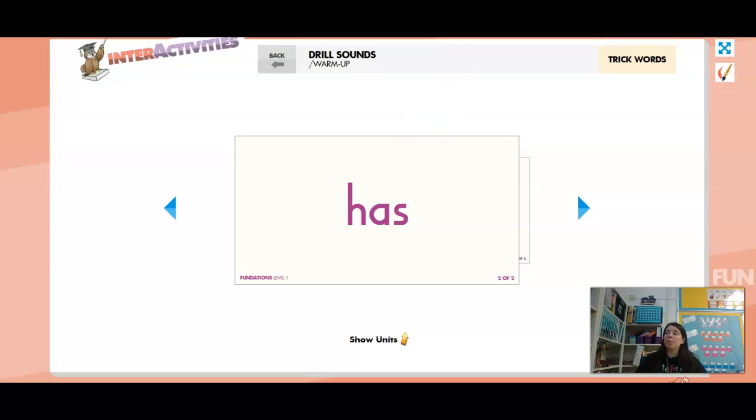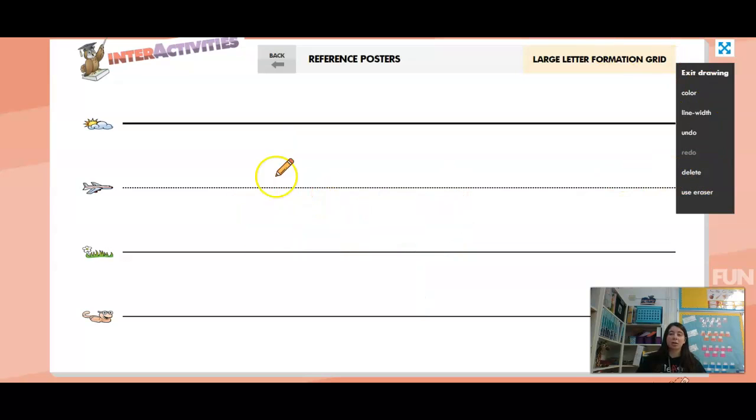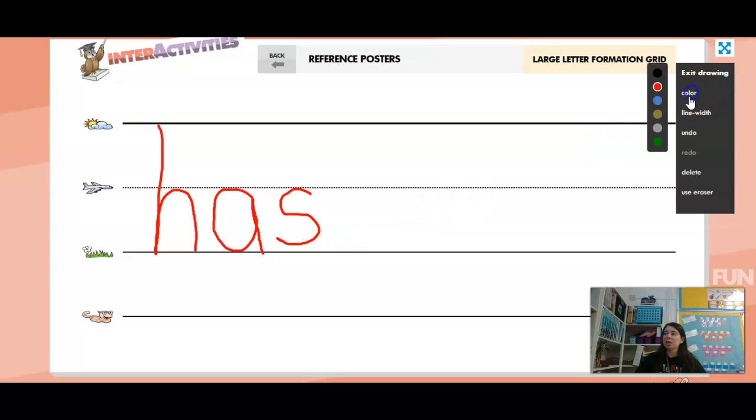If I go back to my line, I'm going to practice writing these words. So let's start with the word has. I'm going to write my H, my A, and then my S. And then over here in blue, I'm going to write the word as.